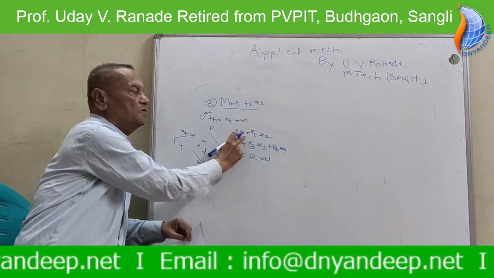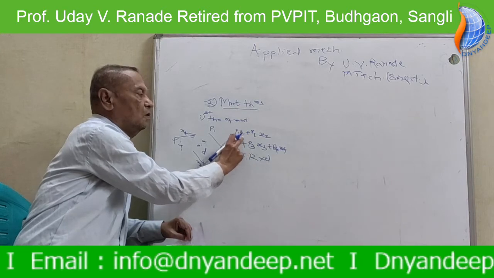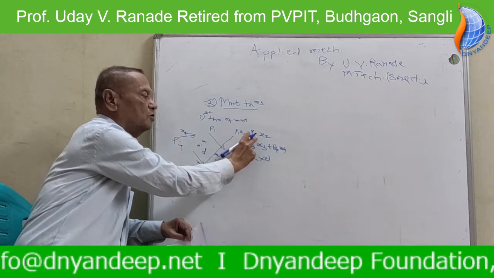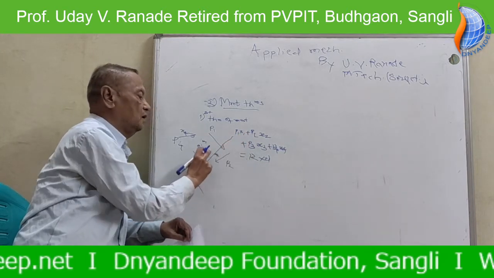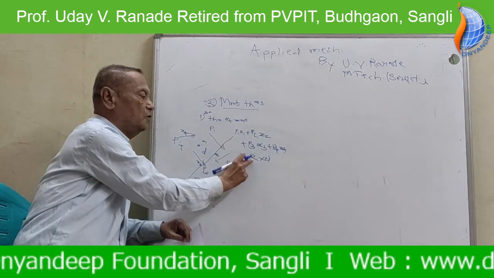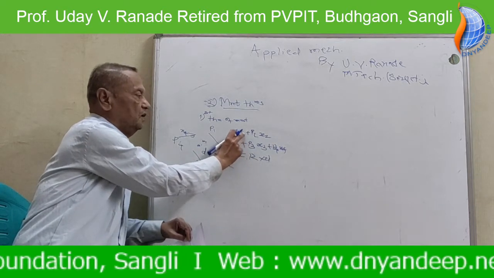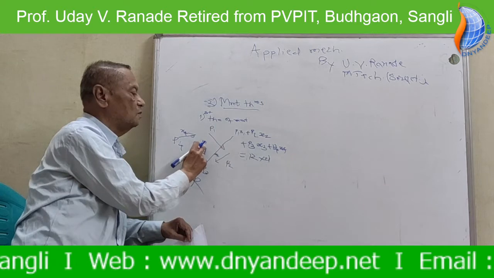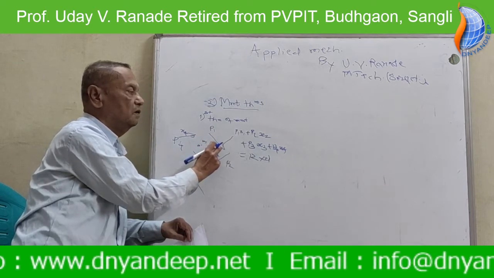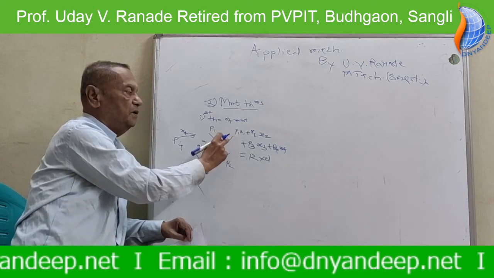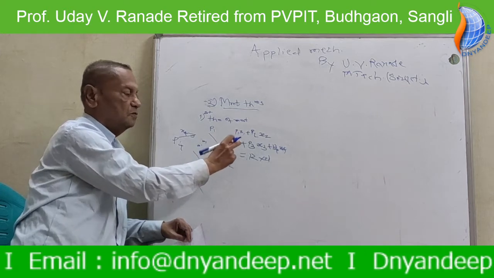Summation of moments of all forces about O is equal to the moment of the resultant. Here x1 is the perpendicular distance from O of force P1, x2 of P2 and so on, x3, x4.